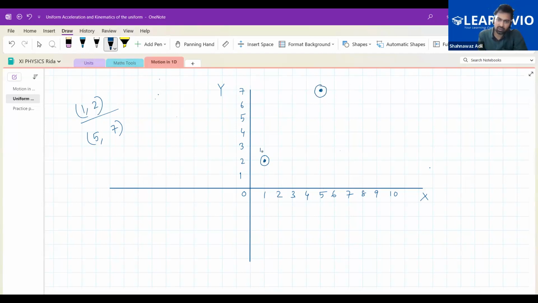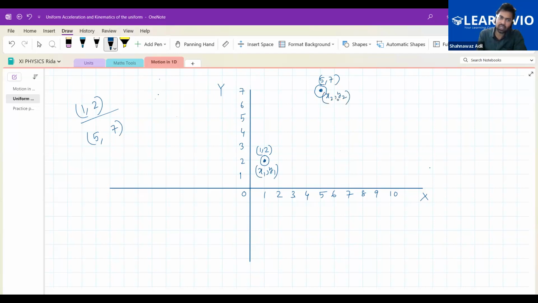This is 1 comma 2. This is 5 comma 7. So I'm saying x1 comma y1, because every point will have x and y coordinates, right? Yes, sir. So this I'm saying x2 and y2.